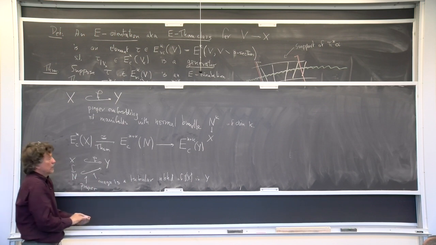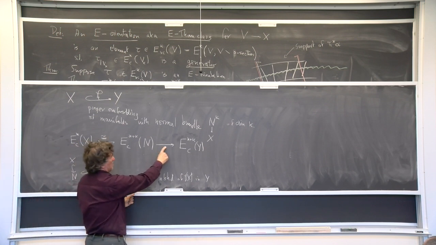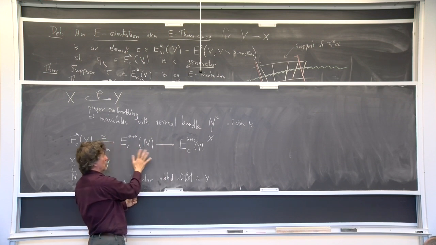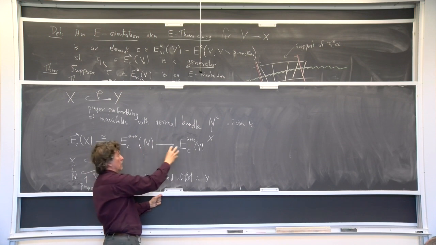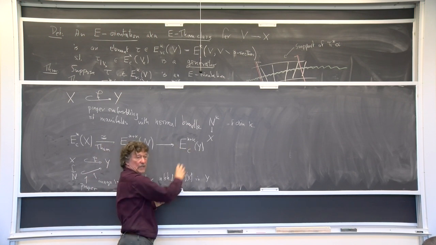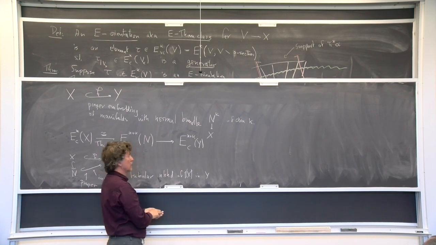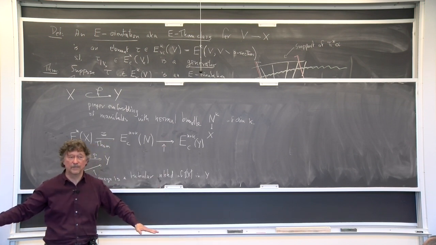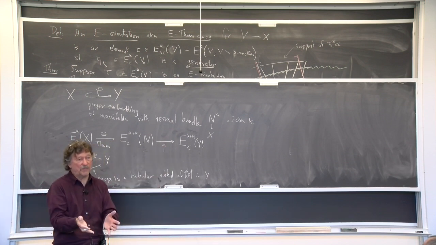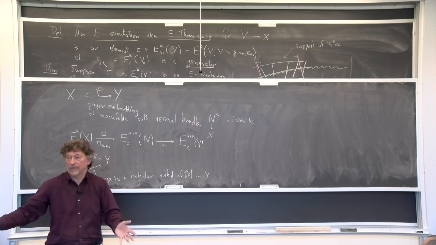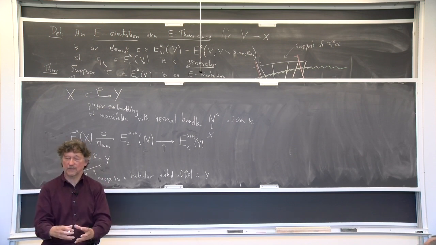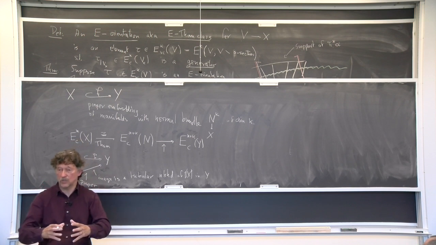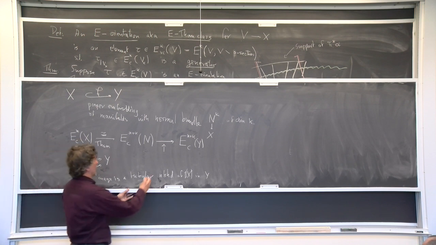Then I can look at this class that you have here, which is supported on that compact subset, as a class here supported in that same compact subset. So you could think of this map as extend by 0, right? Think of differential forms. If you have differential forms supported in a compact set, that means they're identically 0 outside, and then you just extend by 0 outside that.